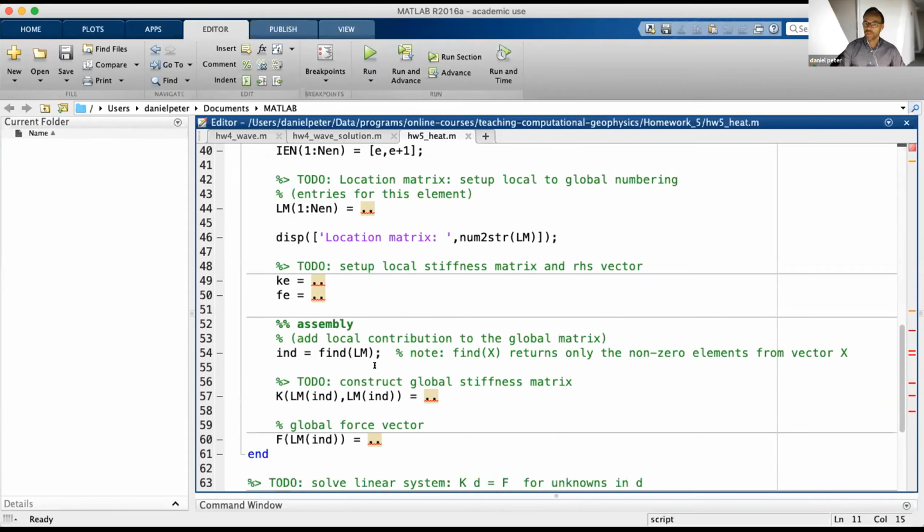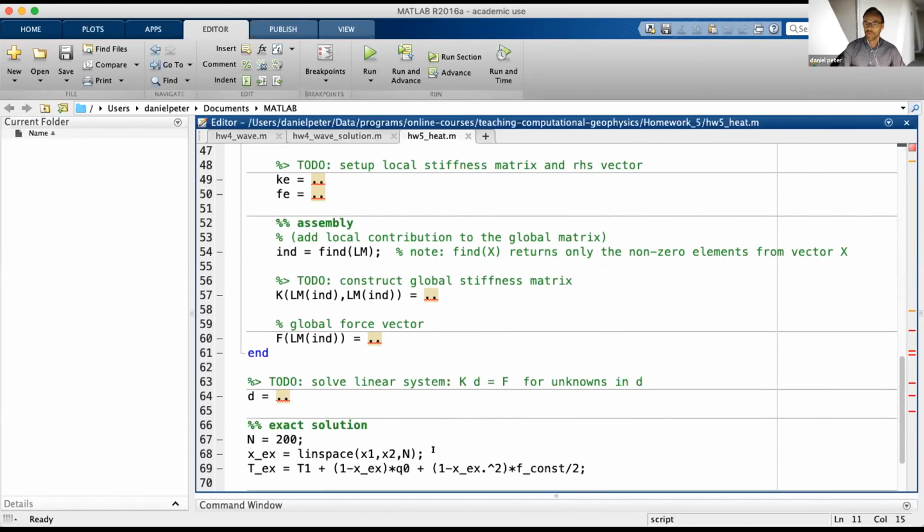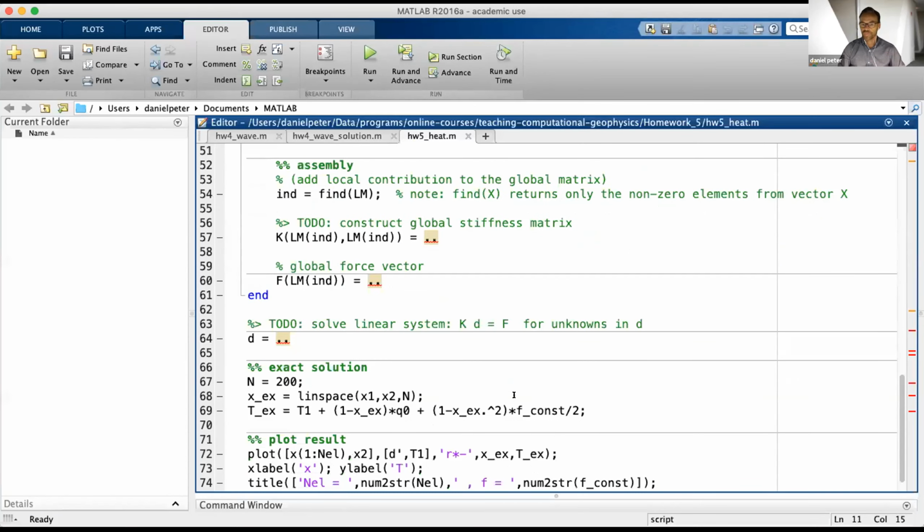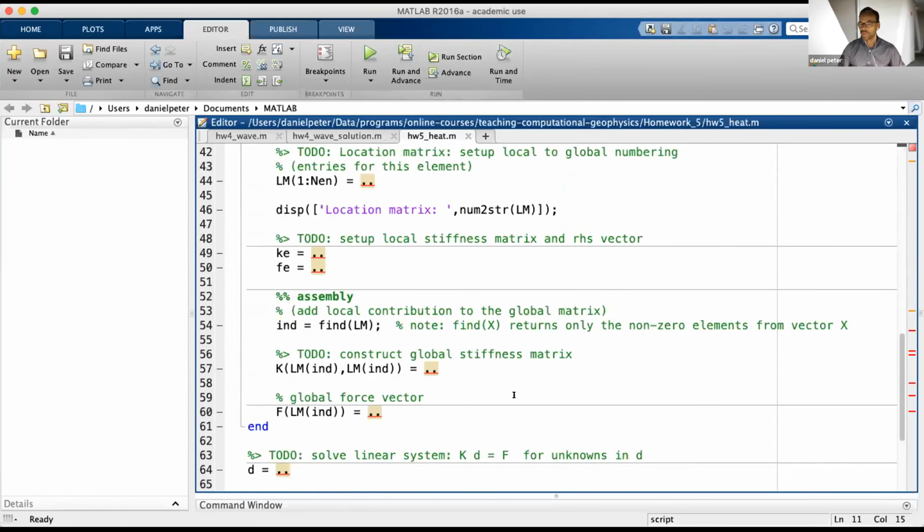Do the assembly part, construct the global stiffness matrix and global force vector, and then solve it within MATLAB. And I left this open. It's very simple how you can solve such a linear system in MATLAB. The same in Python, actually. It's a very simple command. And then the rest is plotting.